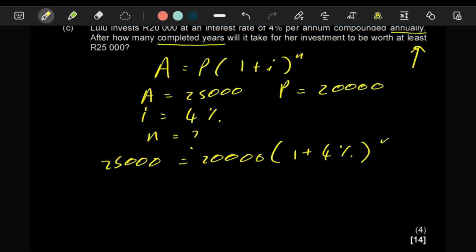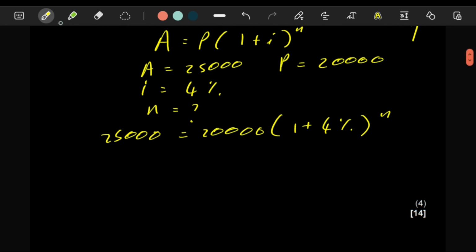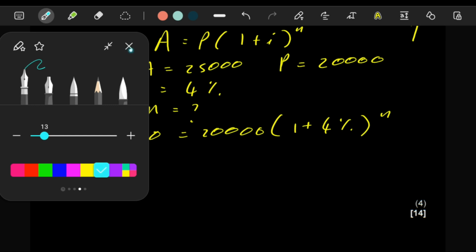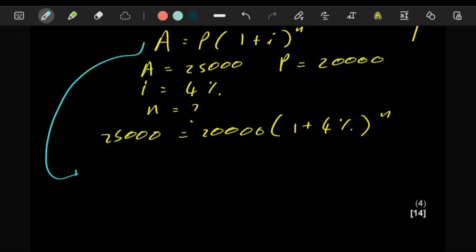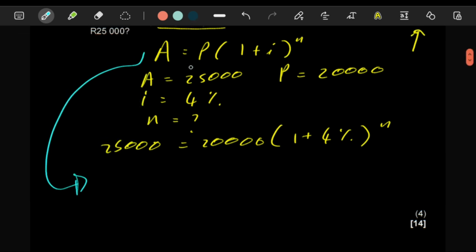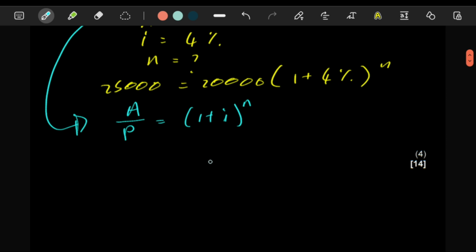N is n. So working out n, normally what I like to do is, depending on what I'm working out, I always isolate it first. So here I would have divided by P on both sides, ne? I'd have had A over P equals 1 plus i to the power of n, and then to get n on its own, I would have used logs here.